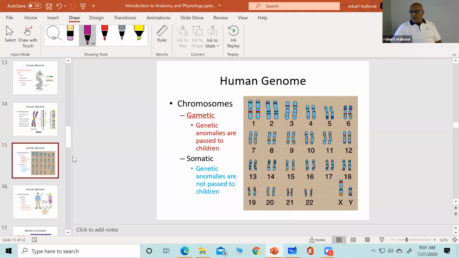And they are the 2 sets right there. Gametic, the X and the Y. And then the 1 through 22 is somatic. So you're seeing the gametic chromosomes right there, X and Y. And then all the numbered chromosomes, their name is somatic. The gametic and somatic chromosomes.